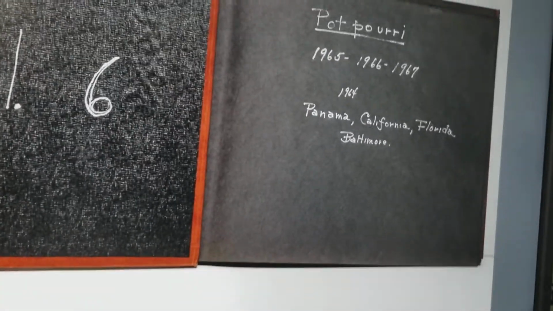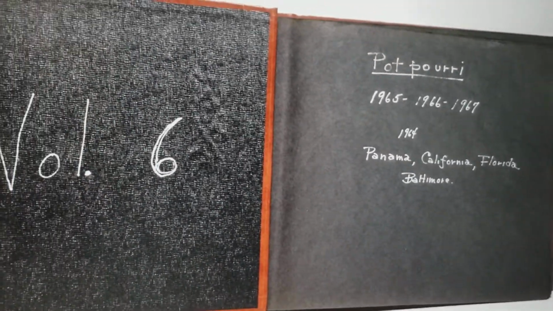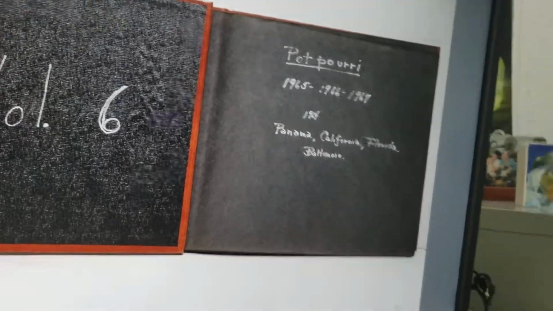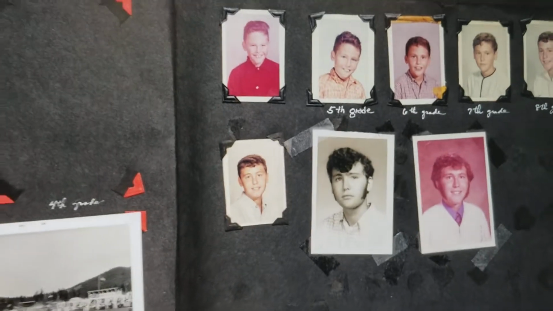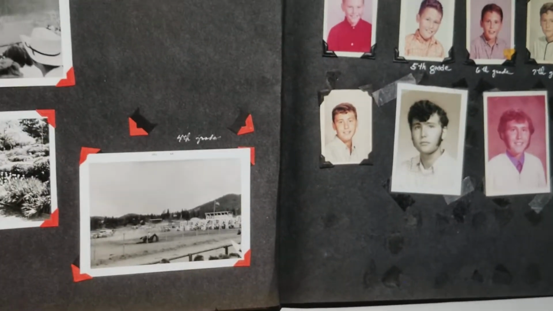Mom, you're busted. Look at this: Panama, California, Florida, Baltimore. That covers a lot of territory. Potpourri is appropriate. 65, 66, and 67. All right, here we go. Oh, that means there should be Panama in here, right? For sure. Didn't even dawn on me. You know, it was such a kind of mindless process. Ooh, love the sideburns, Lloyd.